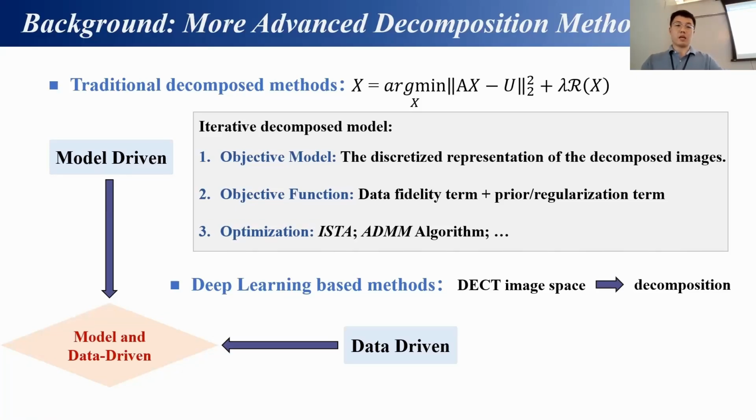So we can get high quality decomposition results. However, due to the nonlinear relationship between the projection data and the basis images under different energies, this method increases the difficulty of model solving, requires computing resources, and faces the problem of multi-parameter selection.